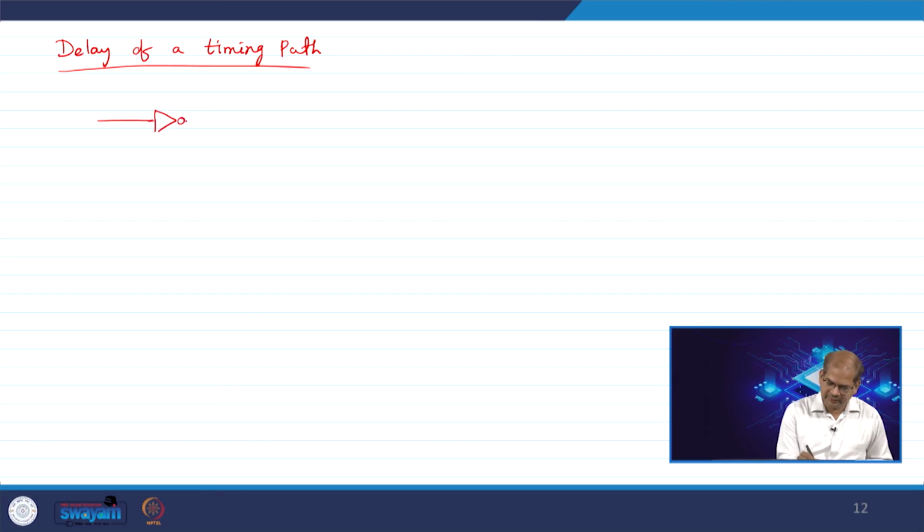Let us say an inverter, then you have a NAND gate, then you have a NOR gate. This is a path. So, this is the input and this is the output.